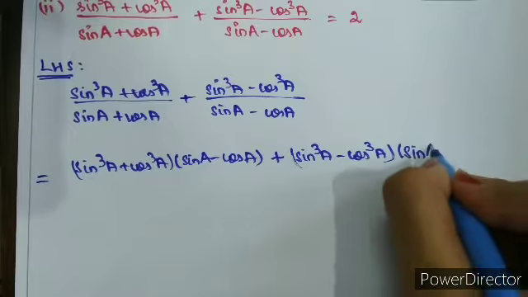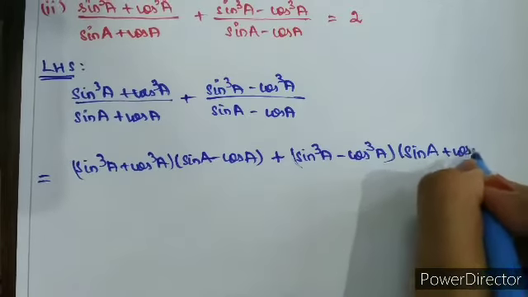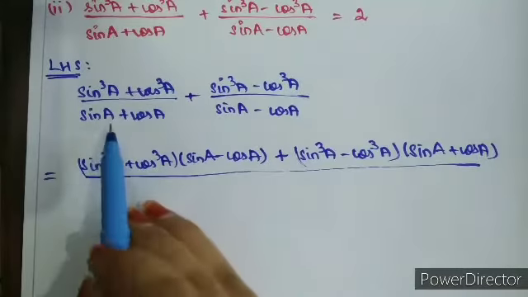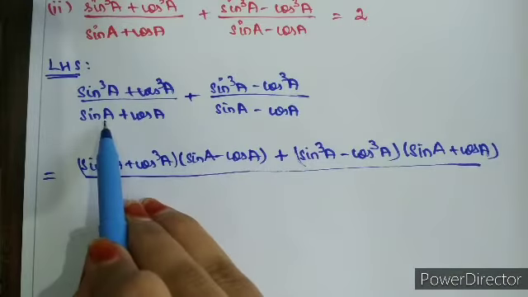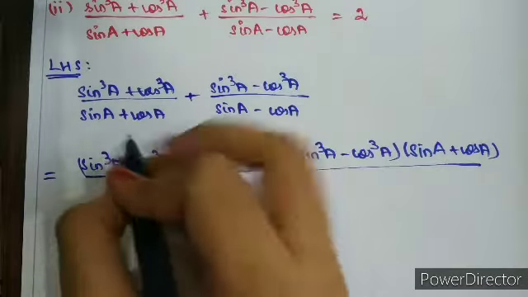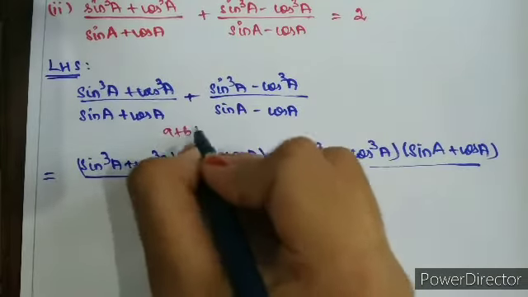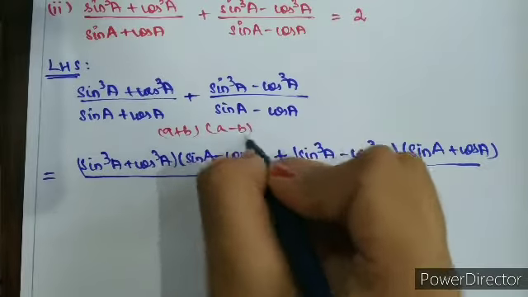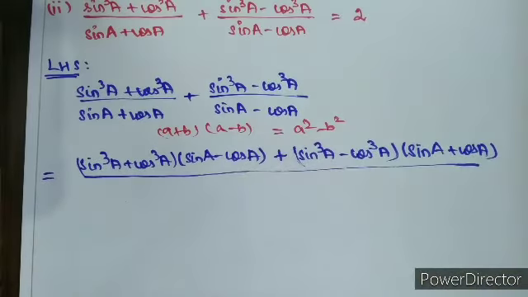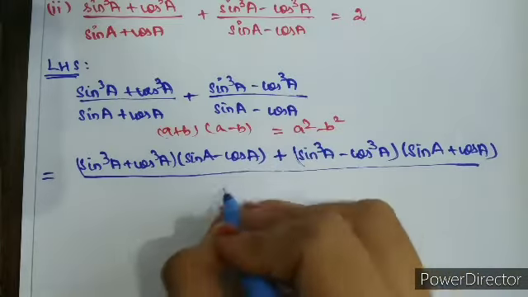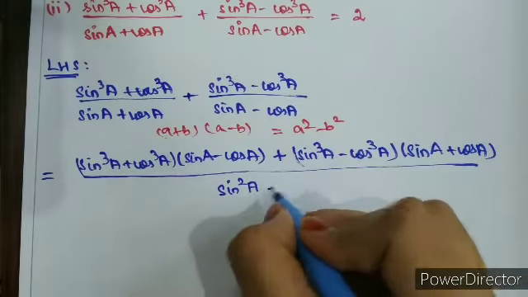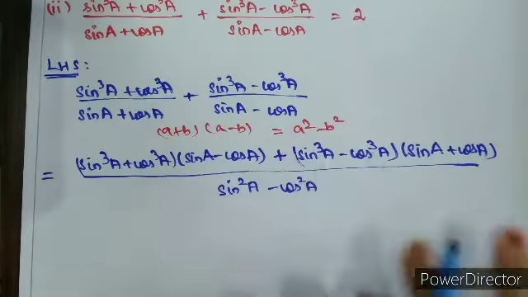So into sin A plus cos A divided by, see here when we take LCM we get sin A plus cos A into sin A minus cos A. It is of the form A plus B into A minus B. So we can write this as A square minus B square. So I am just going to apply this identity. We get sin square A minus cos square A.